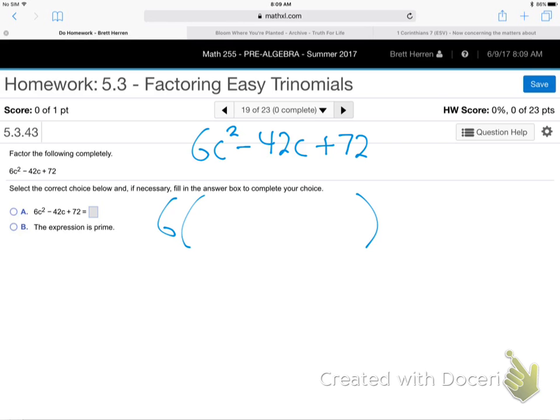Doesn't 6 go into all those numbers? What does that leave? 6 times what will be c squared?